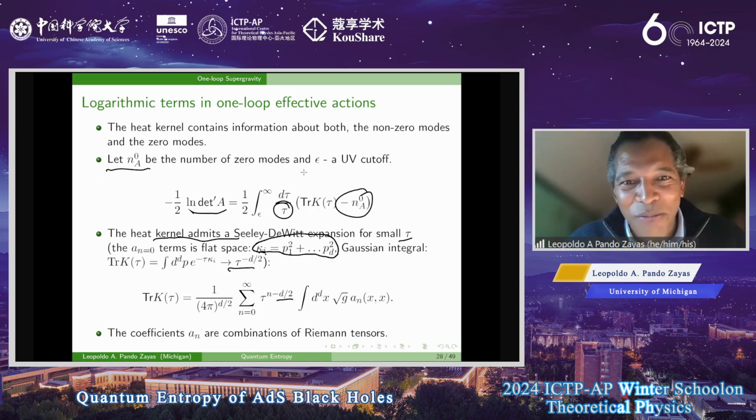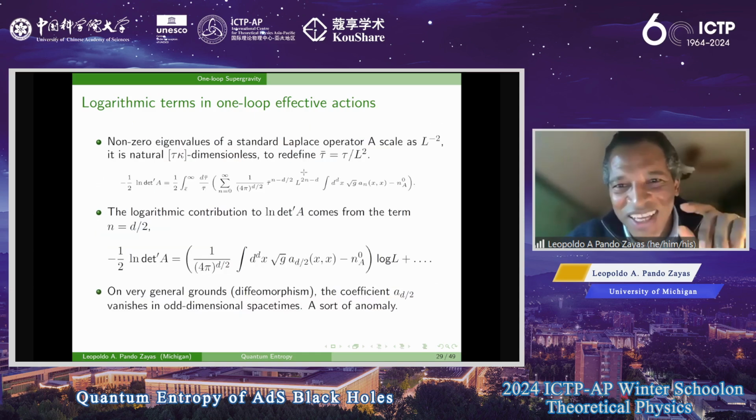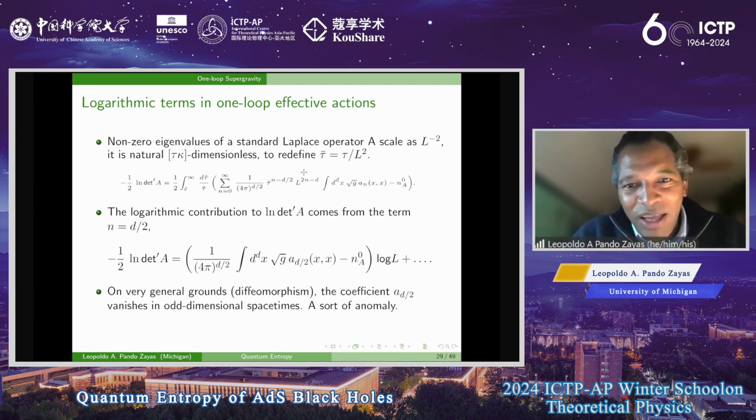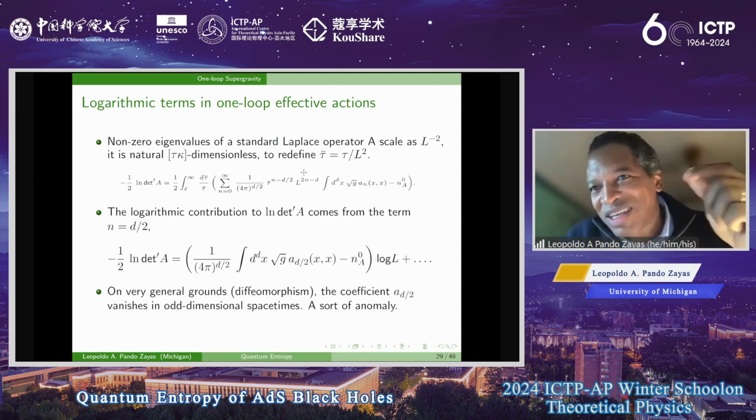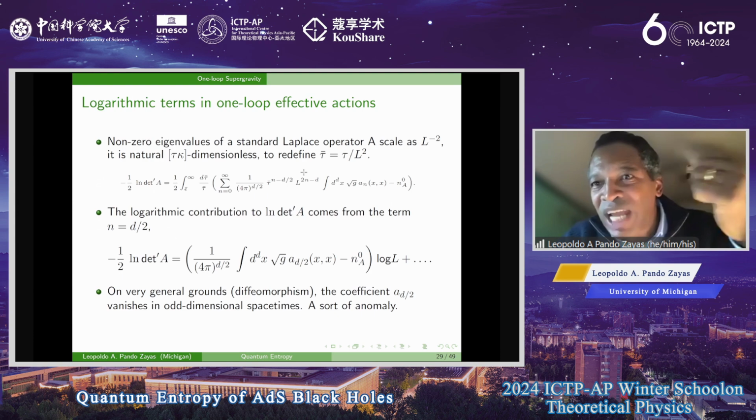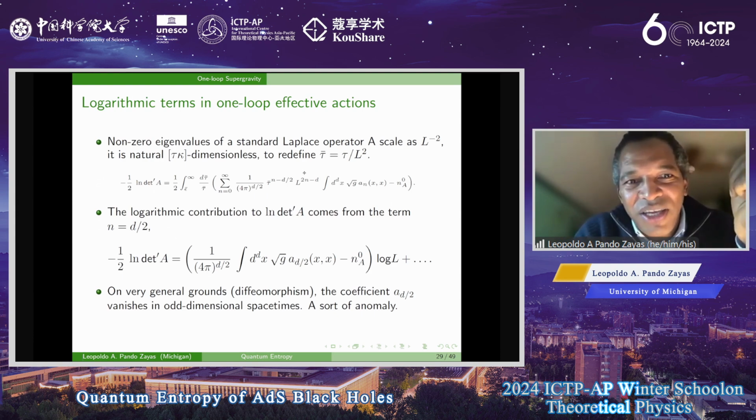All right, so now we can put two and two together, and this is the point that I want to make. If I want to look at the logarithmic in area or the logarithmic in some length, so first of all, because in the exponential of the heat kernel I have τ times the eigenvalue, this should be a dimensionless quantity.